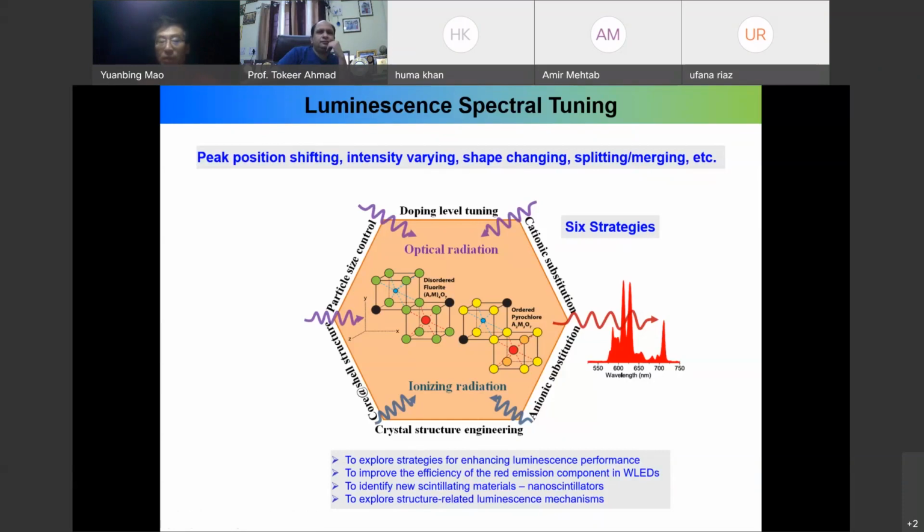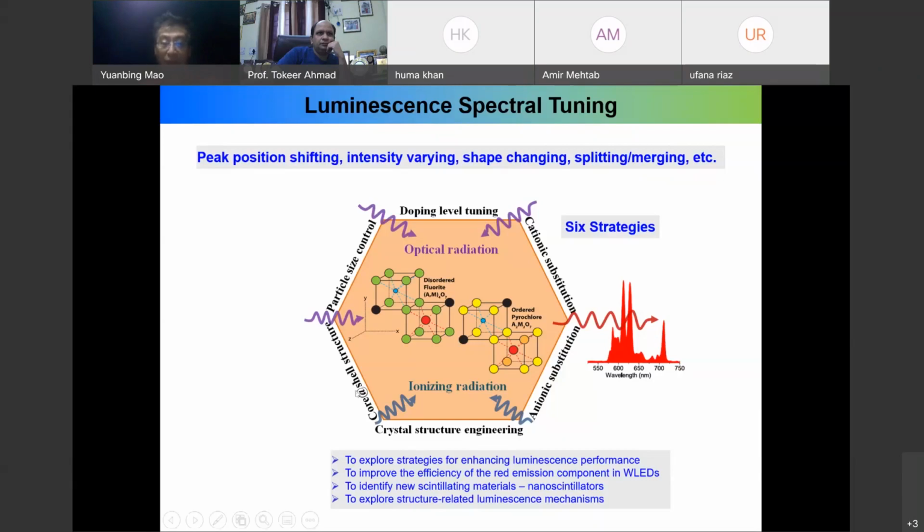Co-substitution will affect the crystal structure and the local environment of the dopants. Because we're talking about luminescence here, the type of luminescent materials I'm talking about are lanthanide-doped or transition metal-doped materials.